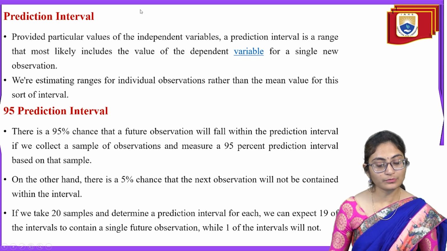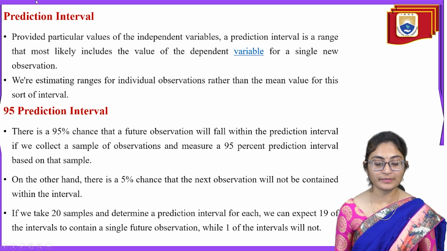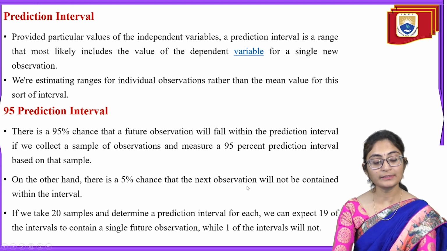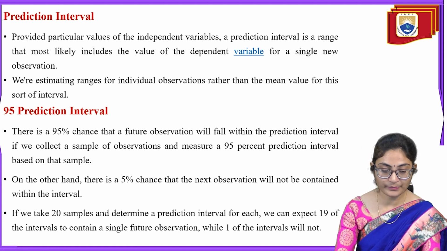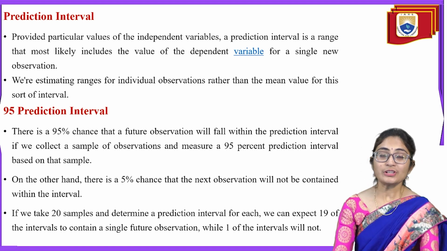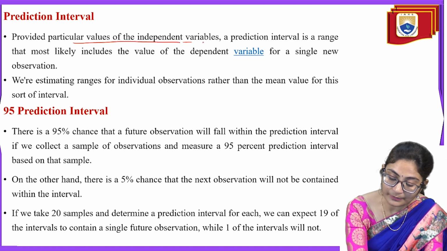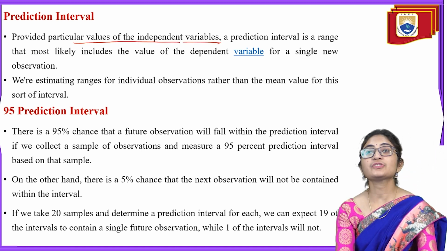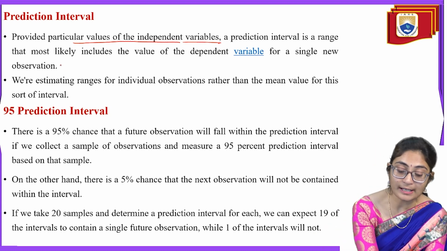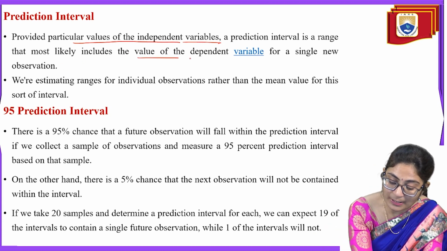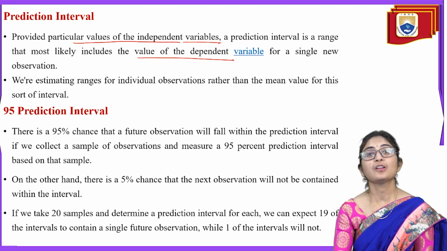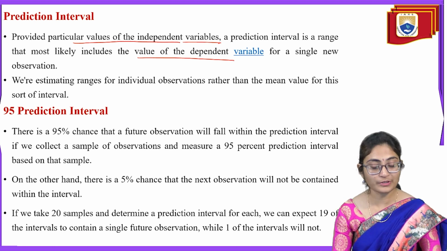Now there are two types, prediction interval and 95% prediction interval. A prediction interval, given particular values of the independent variable, is a range that most likely includes the value of the dependent variable for a single new observation.